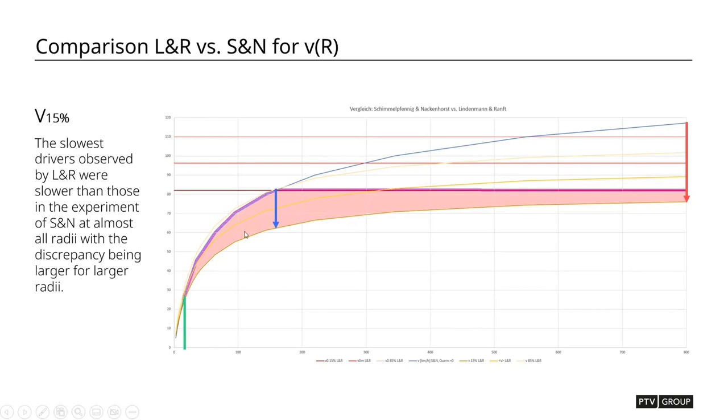So that's something you also have to have in mind when you use that in Vissim for a simulation: if you have cars and trucks as separate vehicle types, possibly the cars would go faster at a certain radius, but then you have the trucks and the trucks might be slower.